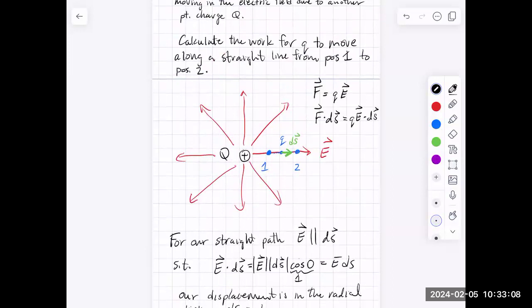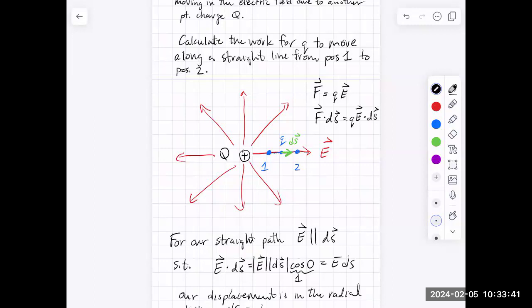If that was the case, would we expect our charge, little q, to gain kinetic energy or lose kinetic energy when it moves from 1 to 2? Think about the force between these two charges. Is it attractive or repulsive? It's repulsive. So is little q speeding up or slowing down? Speeding up. So we expect that we've gained kinetic energy.